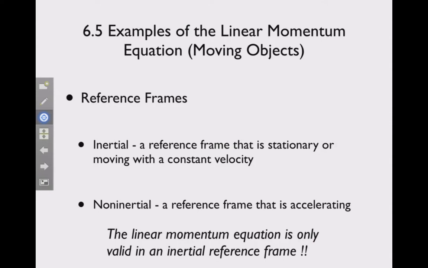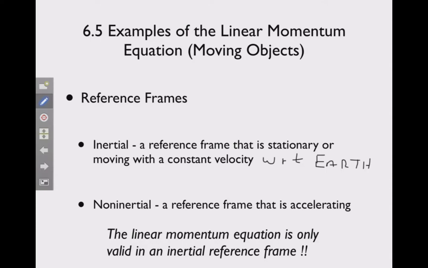So the first thing that we need to do is understand the concept of reference frames, and in particular an inertial reference frame is one in which the object is stationary or moving with a constant velocity, and that's with respect to the Earth, where Earth is our base reference frame.